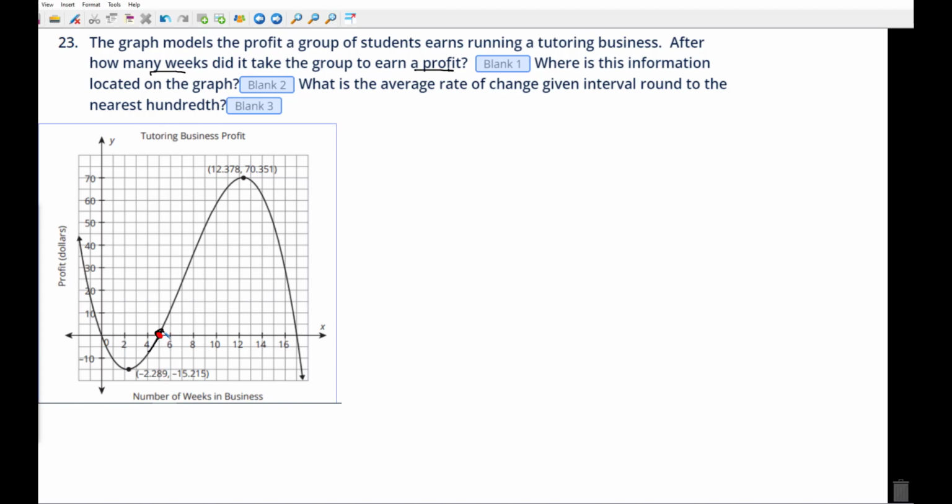So that's when it became positive, because here you have positive profit. And so that point is 5, 0. And that was after 5 weeks.